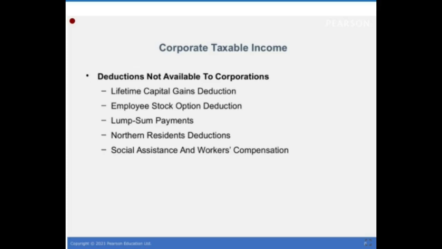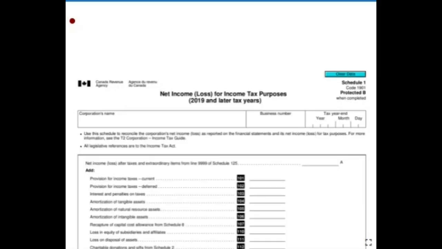I'm just going to bring Schedule 1 on the screen here just to show you what I'm talking about. So just like we've been talking about, this is it, Schedule 1. This is a part of your T2 corporate tax return.